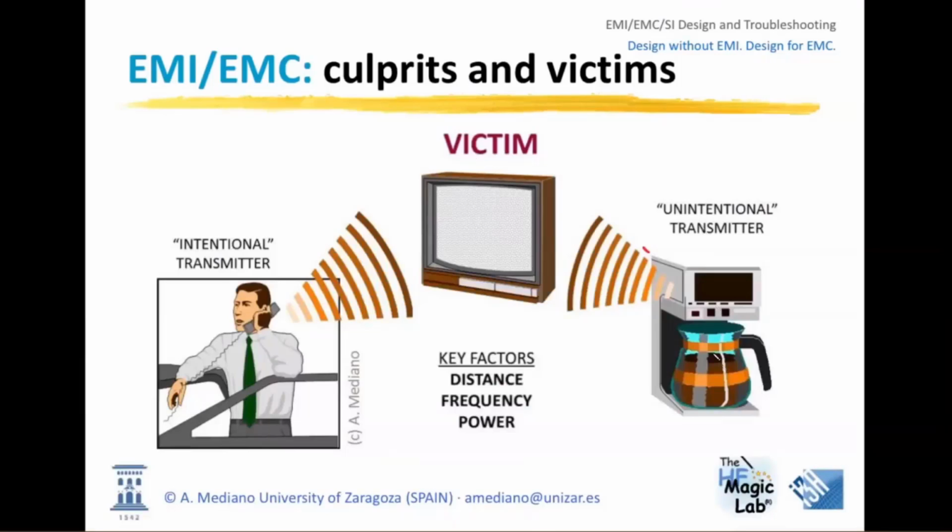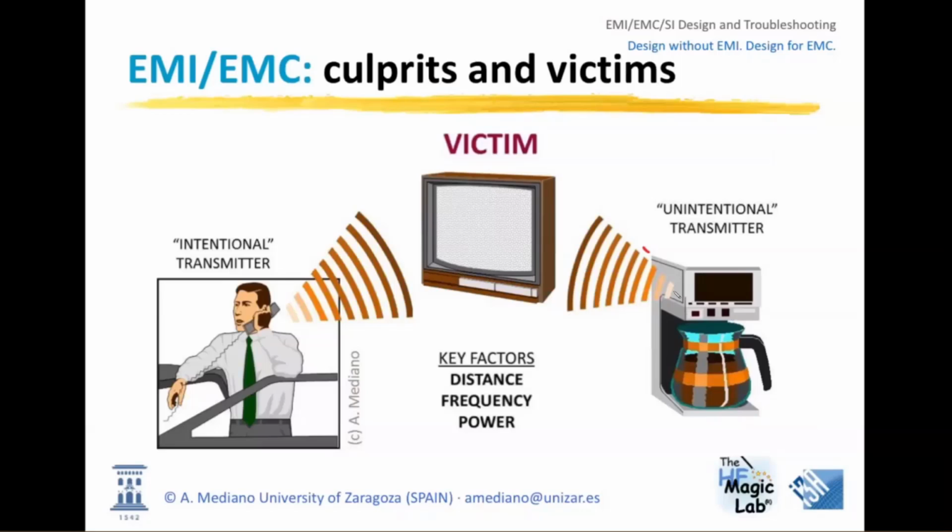One is to have some kind of intentional transmitter. This is the situation when you have a wireless system, for example some kind of phone, or you have Wi-Fi, Zigbee, or Bluetooth communication in your products, and then part of the energy that you are radiating to the environment is able to arrive at the victim, creating failures.